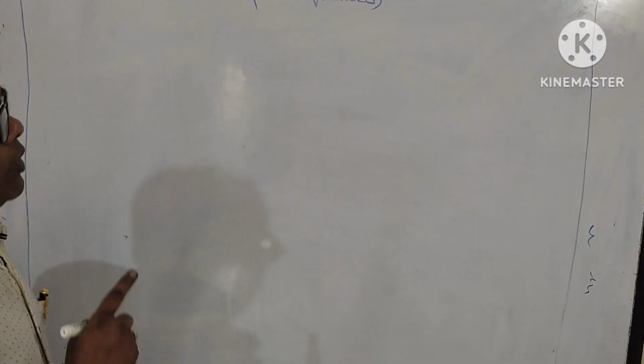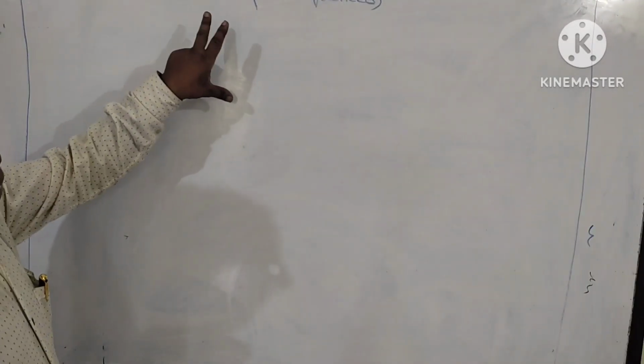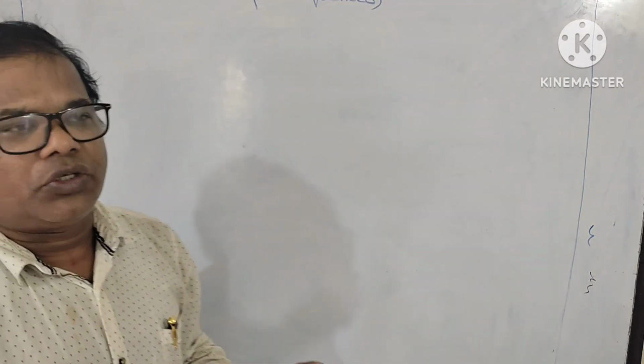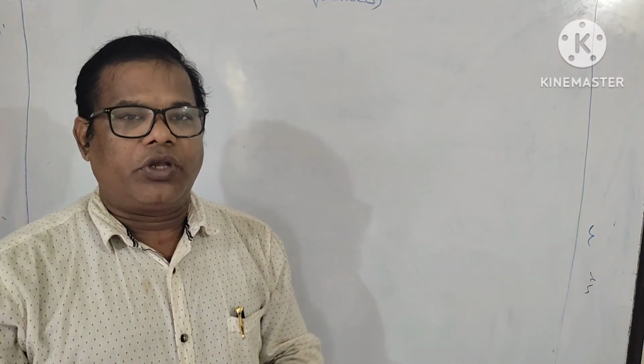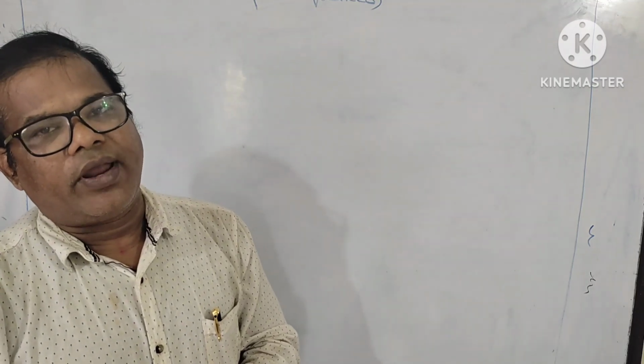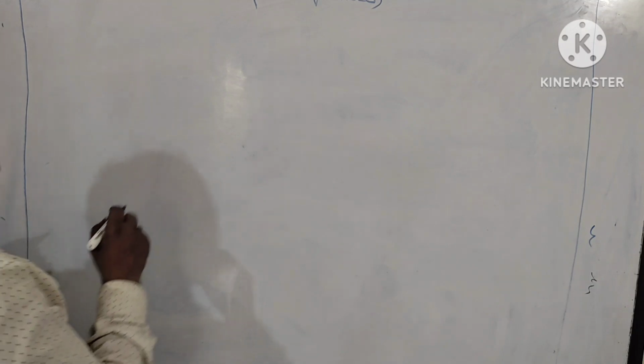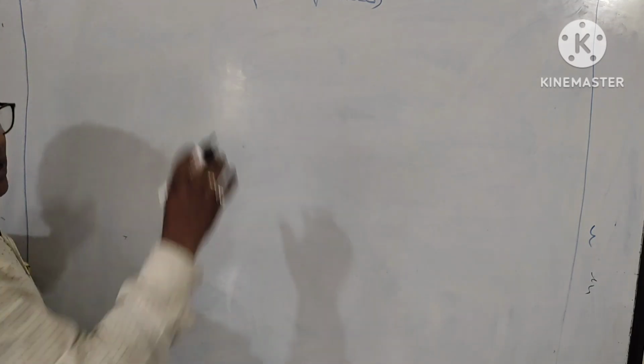This is a major part of programming. If you have to give a complete documentation of your output screen, you must have an idea about escape sequences. Now let us first see a table here.